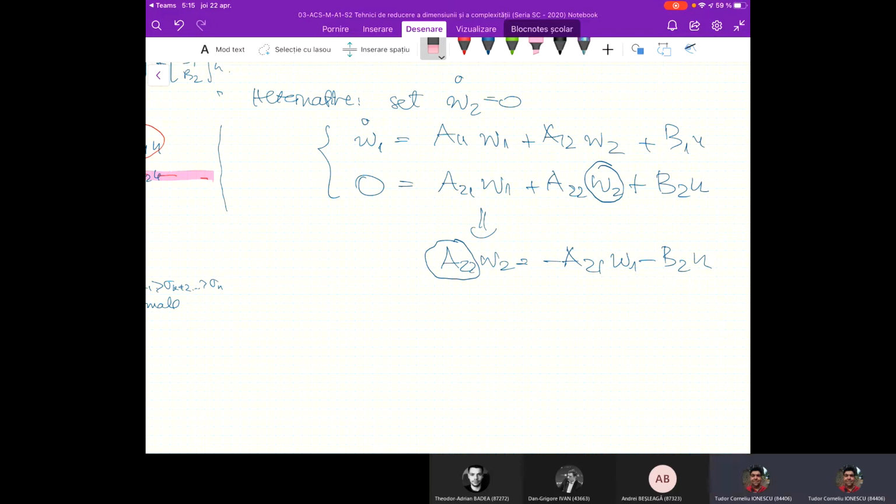Why is it always possible to get A22 inverse? We made an assumption at the beginning of the procedure. What is the original matrix A?